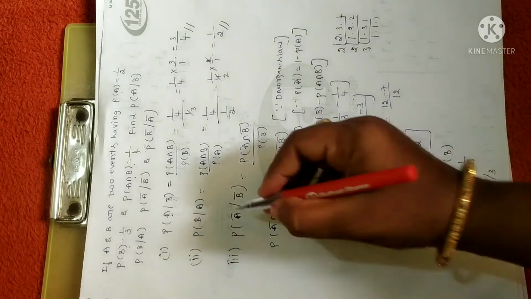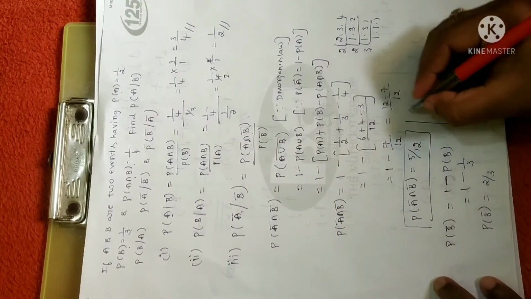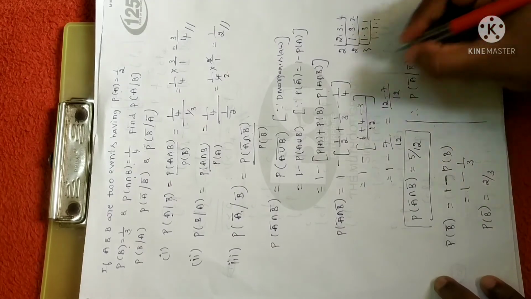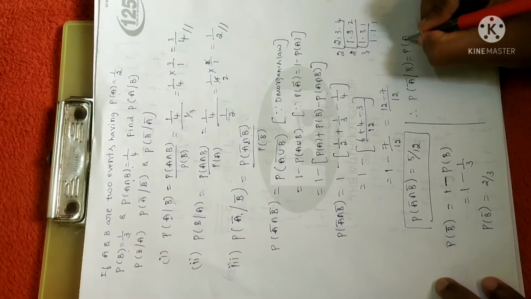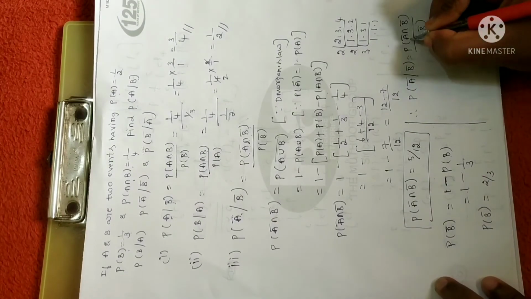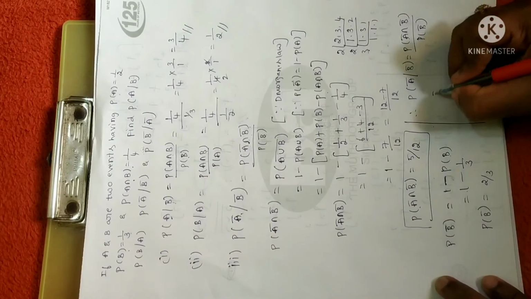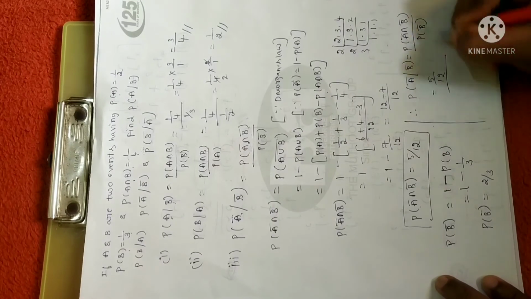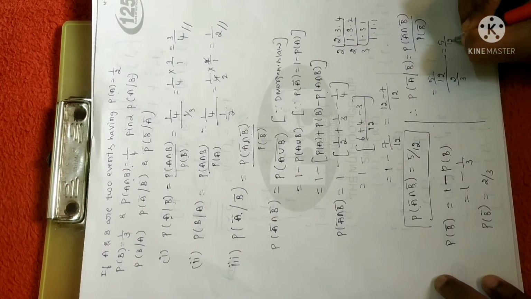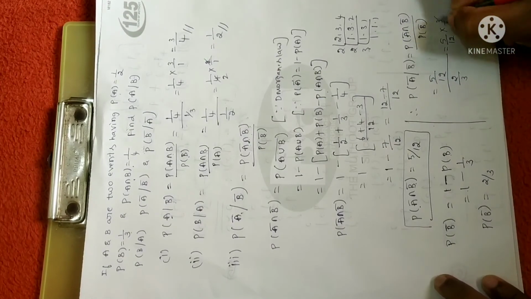With this we can calculate probability of A bar with reference to B bar, which is equal to probability of A bar intersection B bar divided by probability of B bar. What is the value of probability of A bar intersection B bar? It is 5 by 12 divided by probability of B bar, which is 2 by 3. So let me simplify. 5 by 12 into 3 by 2.